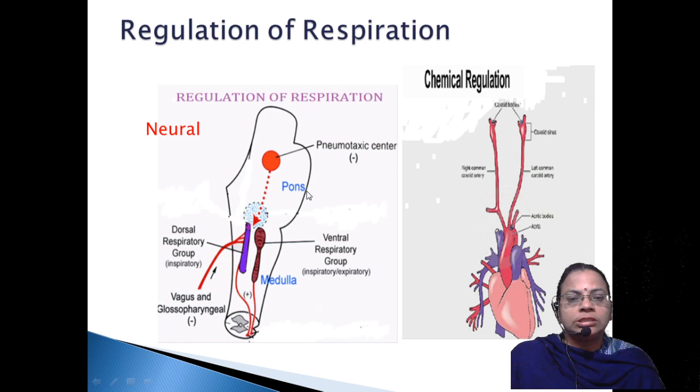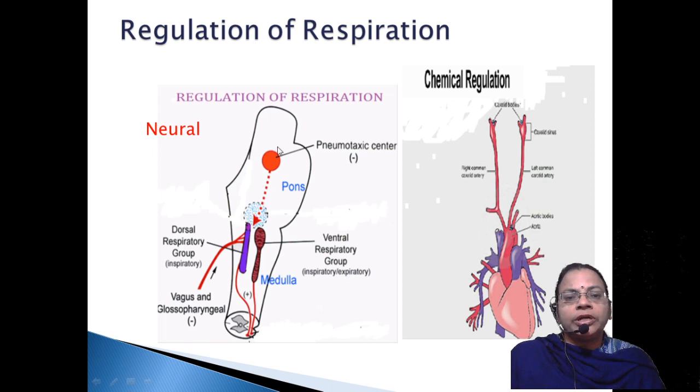So together, these come under the category of neural regulation. Once again, the respiratory rhythm center consists of the dorsal respiratory group of neurons and the ventral respiratory group of neurons. The dorsal respiratory group mainly regulates the process of inspiration, whereas the ventral respiratory group regulates forceful inspiration as well as forceful expiration.